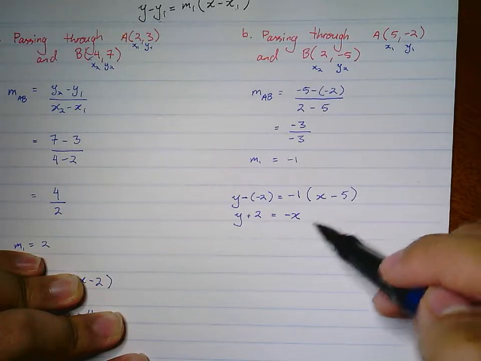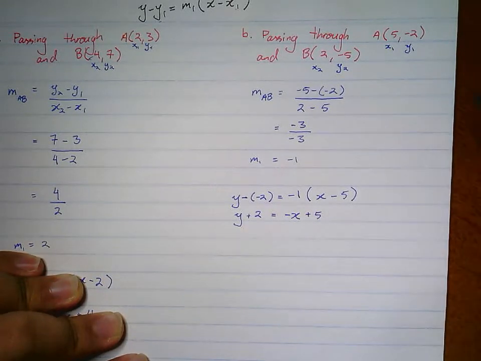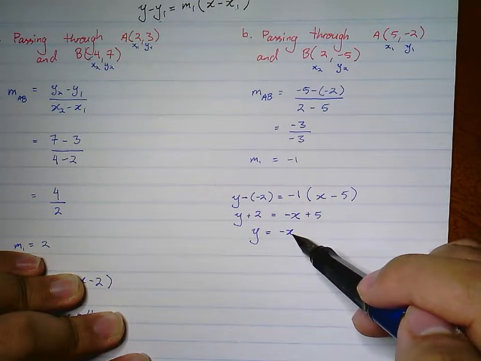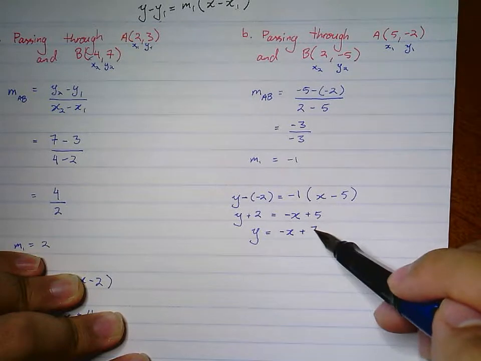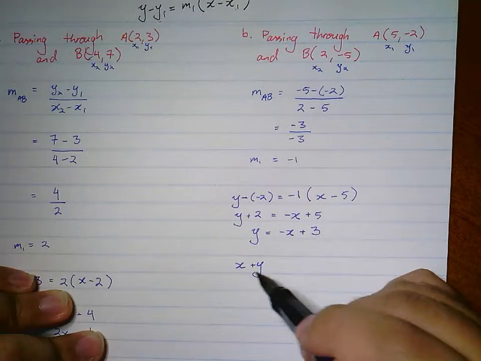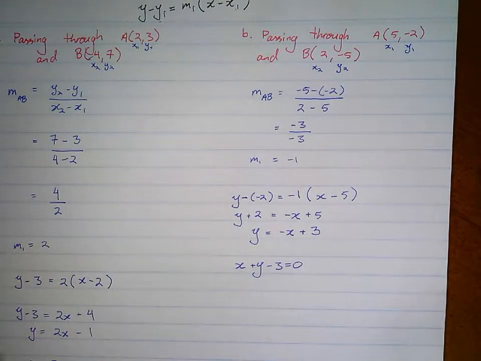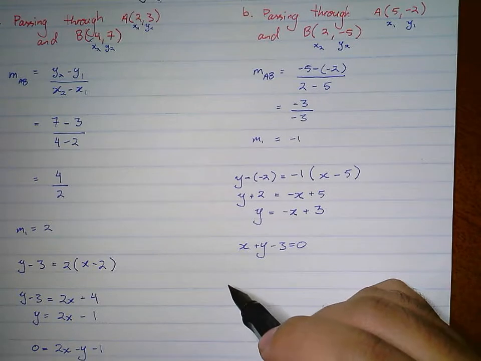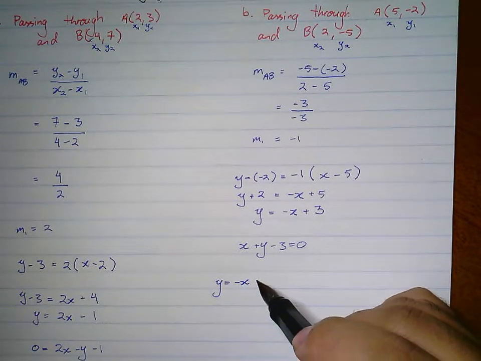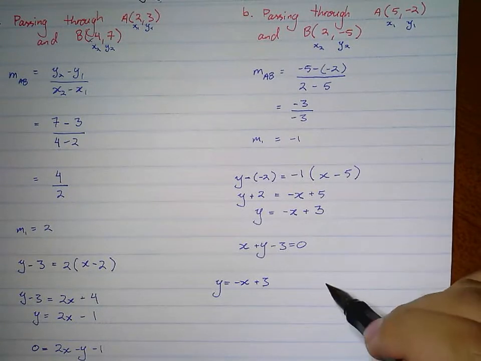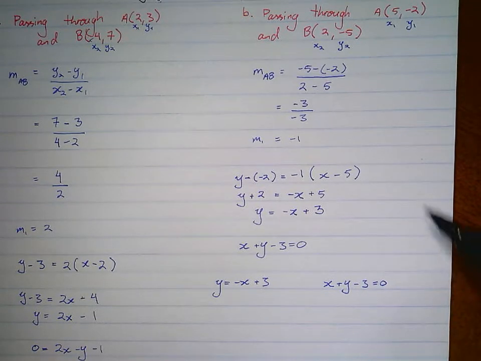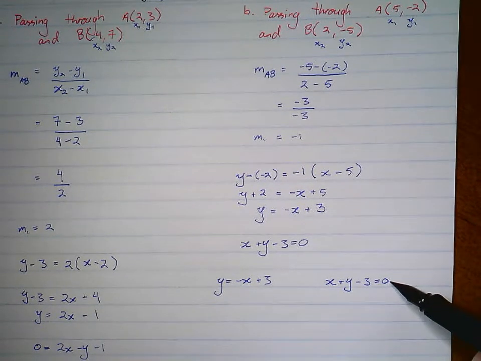Negative 1 times negative 5 is positive 5. It'll become y equals negative x plus 3. Or it'll become x plus y minus 3 equals 0. So both solutions as gradient intercept, we get y equals negative x plus 3, or we get x plus y minus 3 equals 0 as our general form.